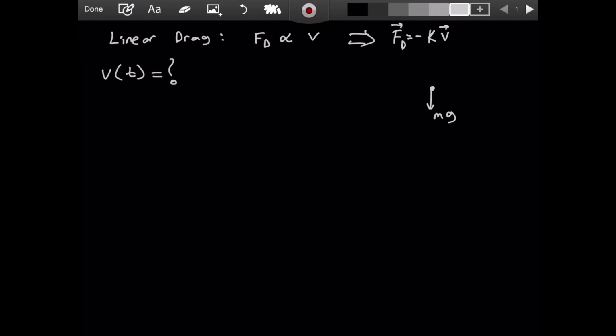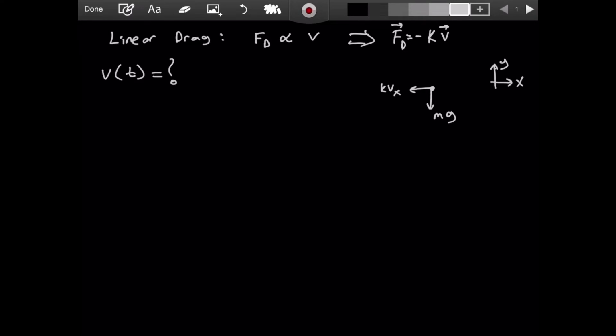and normally we don't separate forces into their components in free body diagrams, but for this derivation I will do that because I think it is better. So we will have kvx in the horizontal. This is the component of drag force in the x direction if we choose the x like this and the y like that.